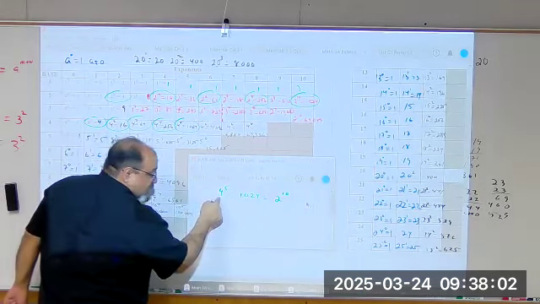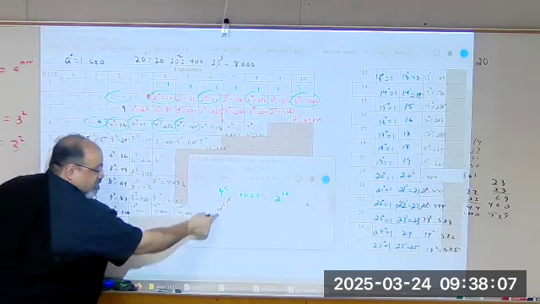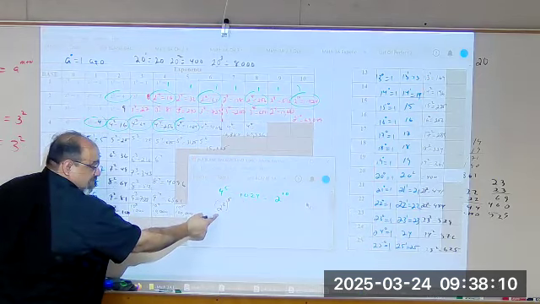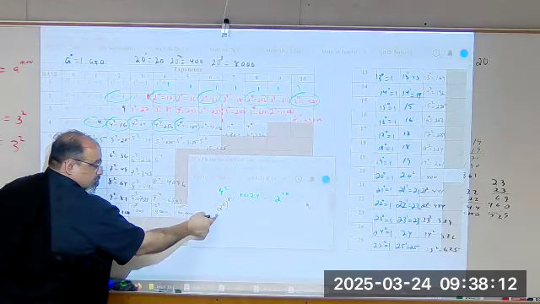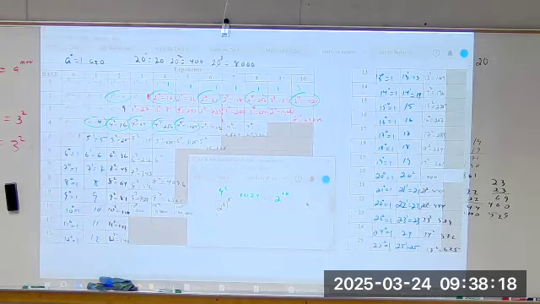Because this 4 to the 5th is the same as 2 squared to the 5th power. 4 is a 2 squared, isn't it? Does 4 equal 2 squared?